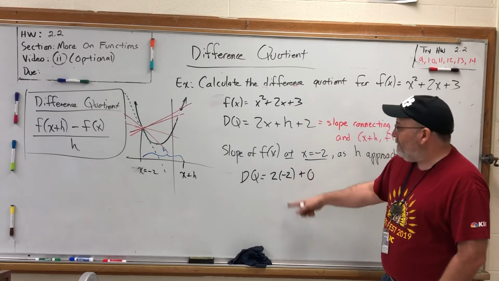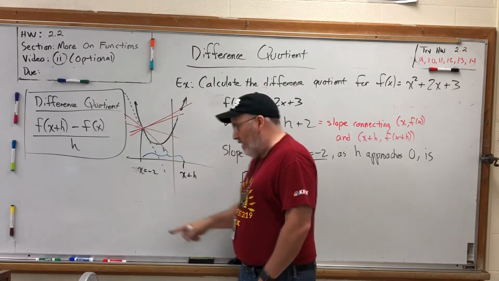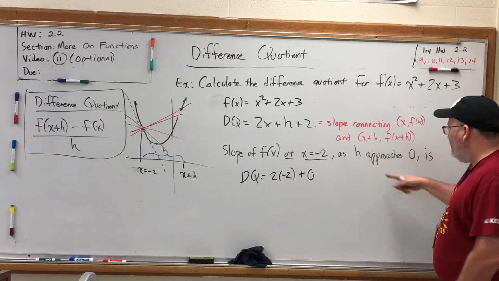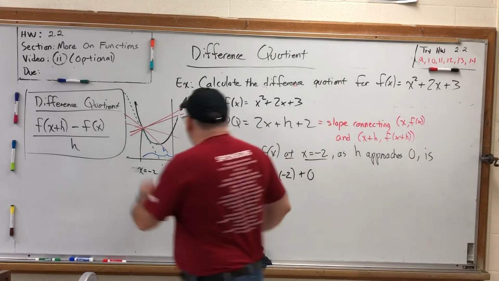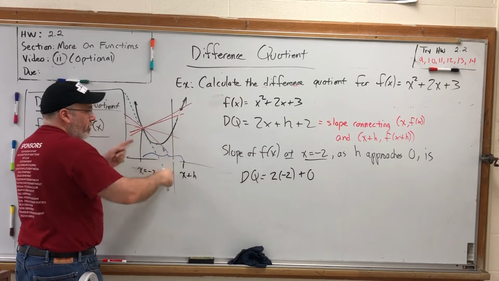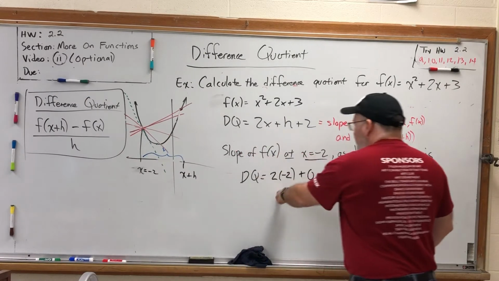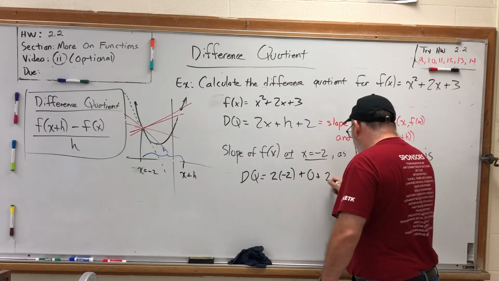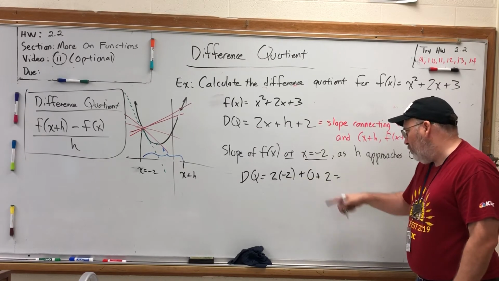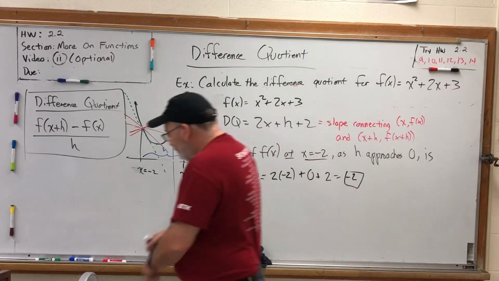So we put in -2 representing the x-coordinate of the point where we're trying to find the slope of the graph, and put in 0 for the h, which represents the second point's distance from the first point collapsing to 0, and hence the 2 points converging to each other. So 2 times -2 plus 0 plus 2. 2 times -2 is -4, plus 0 is -4, plus 2 is -2. The slope of that green line is -2.